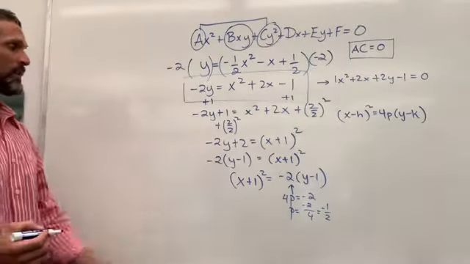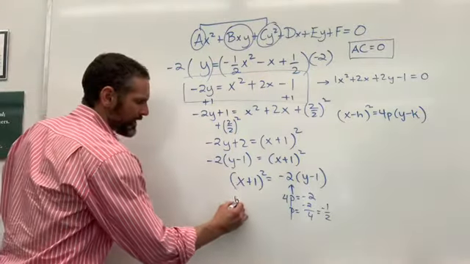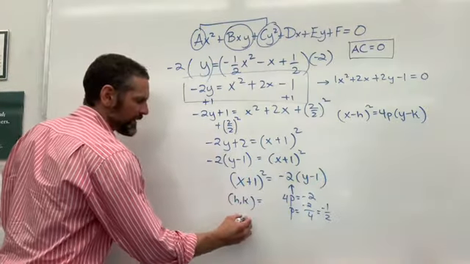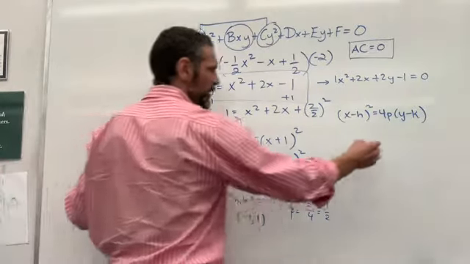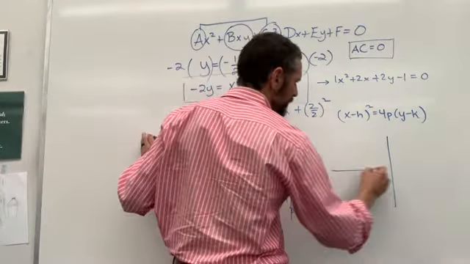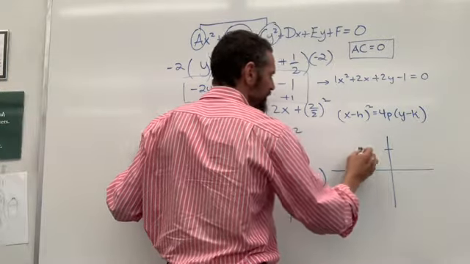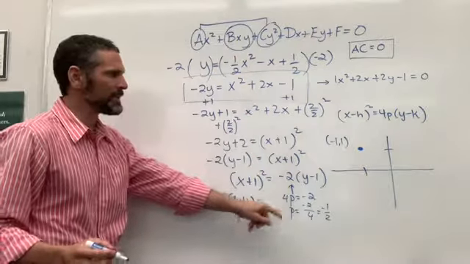If I want to see what this looks like, I must graph it. Our HK is, if I use my little trick, x plus 1 equals 0, x equals negative 1, y minus 1 equals 0, y equals 1. So I'm going to be at negative 1, 1. There is my HK at negative 1, 1. And my P is negative 1/2.